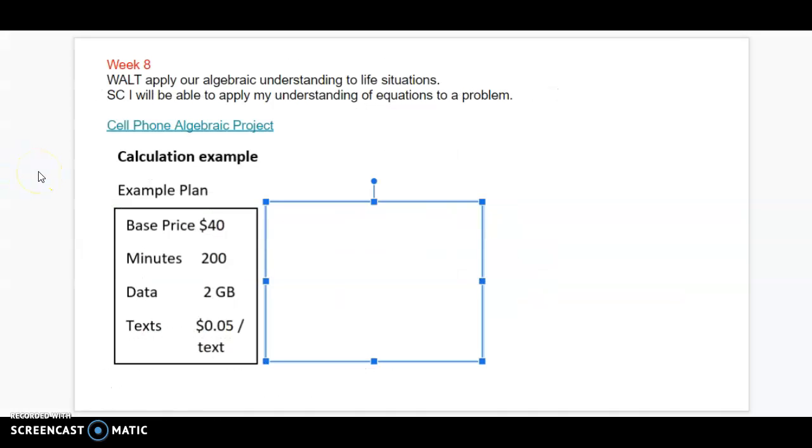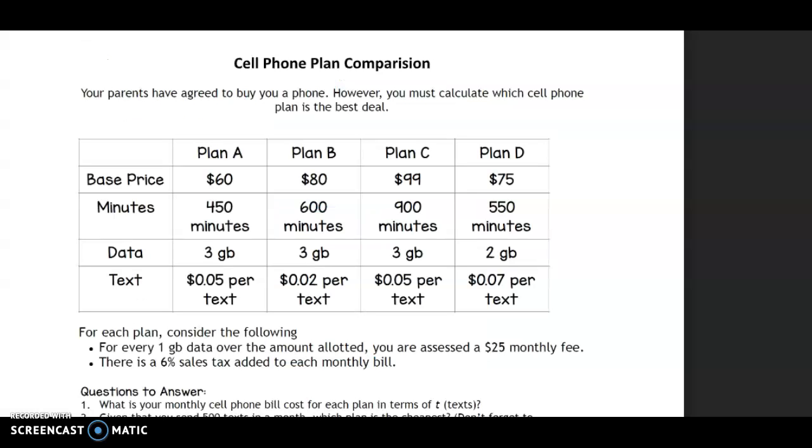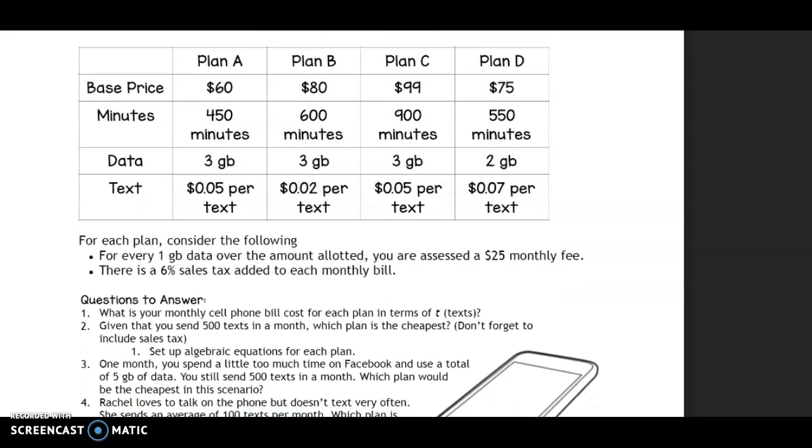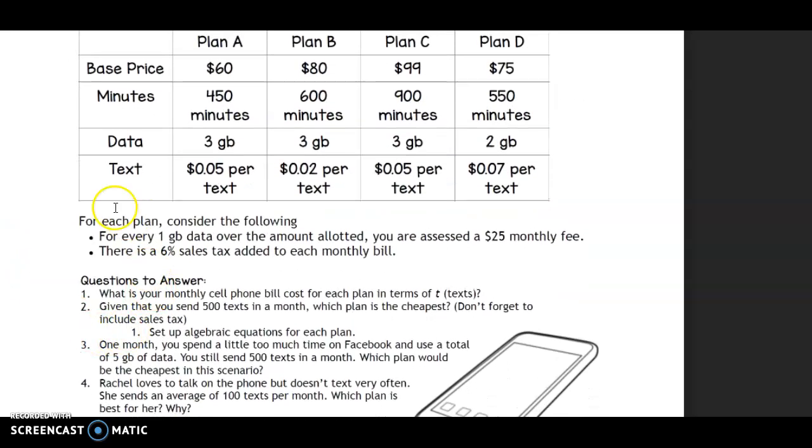To help you work out the first question, which is number 1, what is your monthly cell phone bill cost for each plan in terms of texts? I'm going to show you how to work through it. They've given you an amount of text that you use a month, which is 500, and you're working out which is the cheapest.